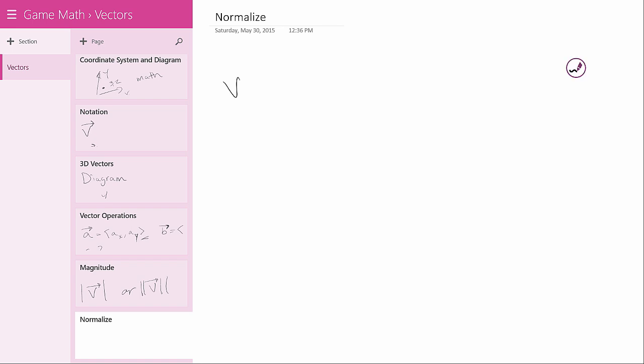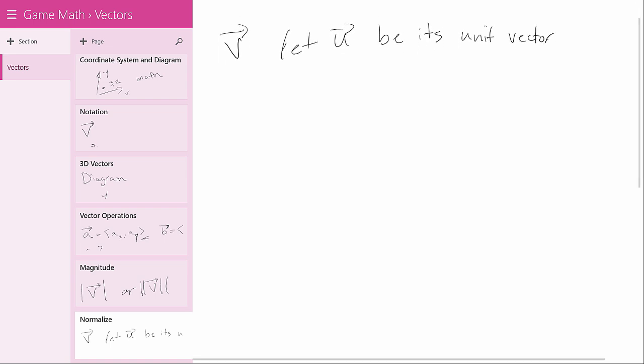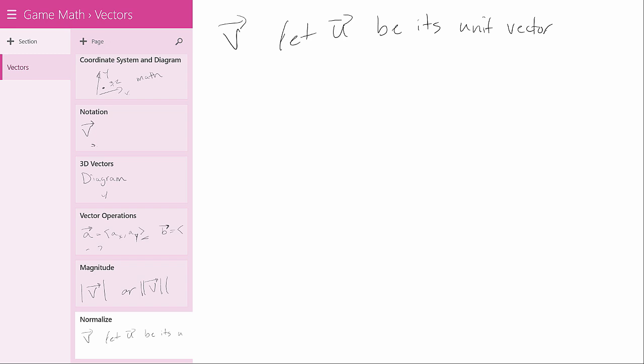So if v is any given vector, let u be its unit vector. So whatever the values of v's components are, u will be its unit vector.